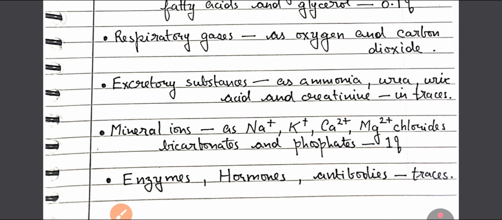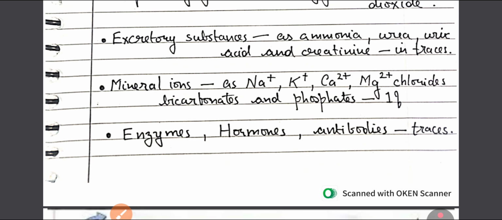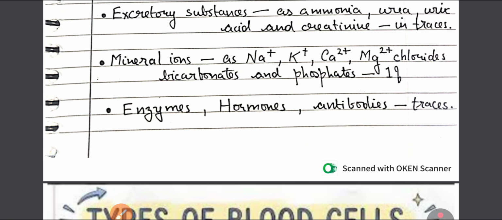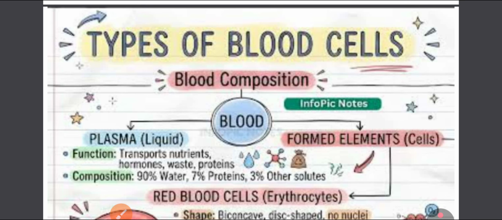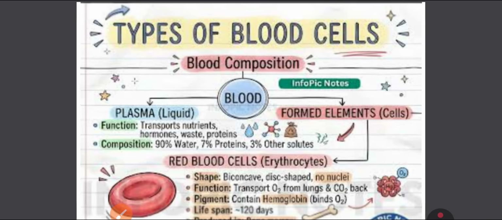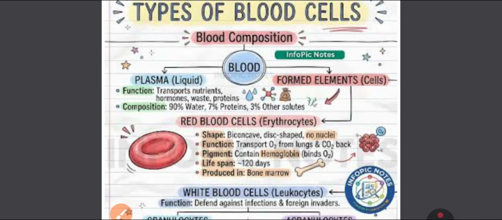Mineral ions such as sodium, potassium, calcium, magnesium, chlorides, bicarbonates, and phosphates are present in about 1% traces. Enzymes, hormones, and antibodies are also present in traces. Now we move on to the diagram of types of blood cells.